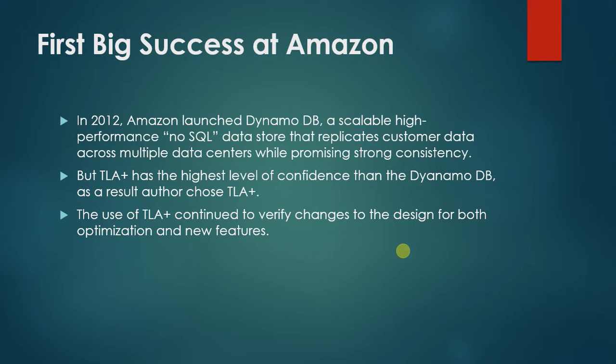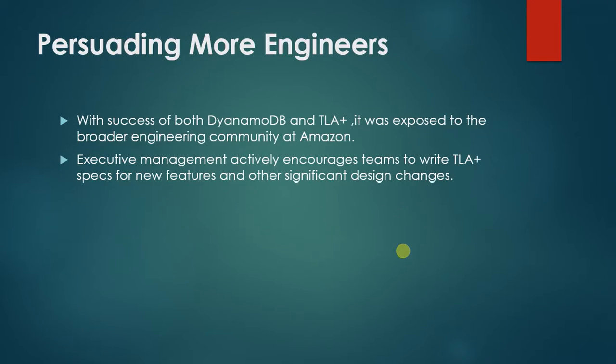The use of TLA+ continued to verify changes to the design for both optimization and new features, persuading more engineers. With the success of both DynamoDB and TLA+, it was exposed to the broader engineering community at Amazon. Executive management actively encourages teams to write TLA+ specifications for new features and other significant design changes.